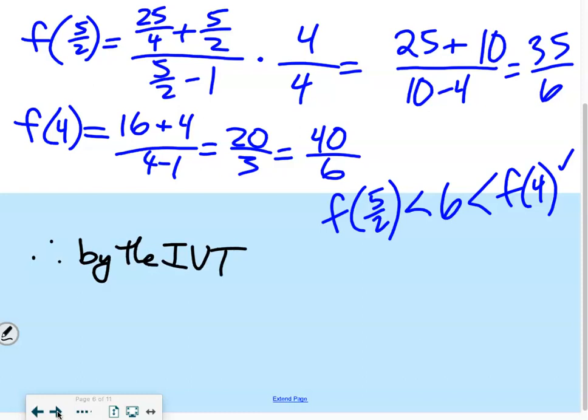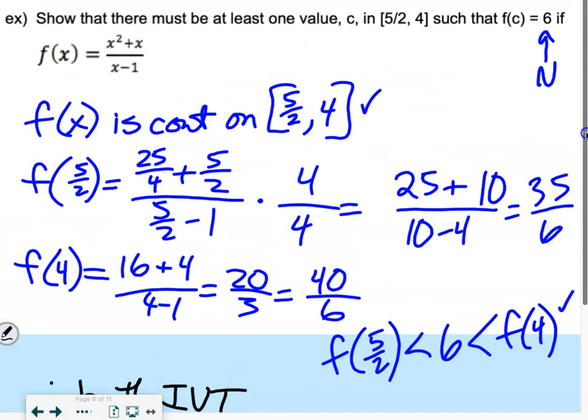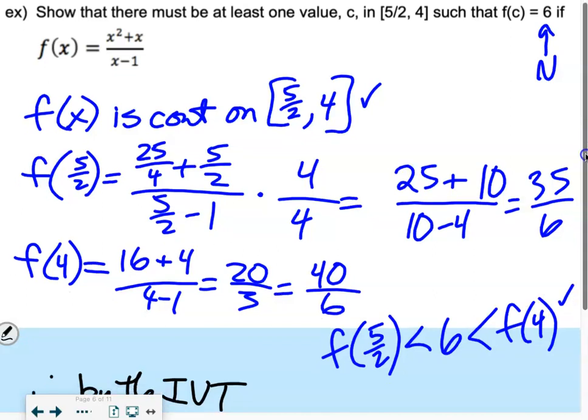They know what IVT means. So, all right. Therefore, by the IVT, now we're going to rewrite our original problem. There must be at least one value C in the interval 5 halves to 4 such that f of C equals 6. You can write that all out in words, and it'd be perfect. I'm going to use a little shorthand. All right? So, I wish I didn't write so big.